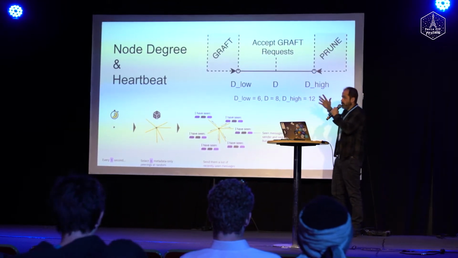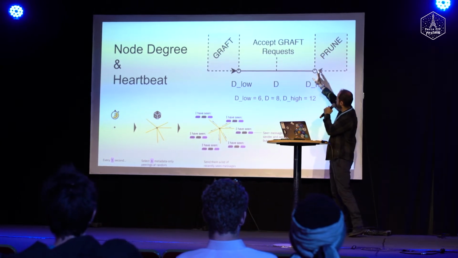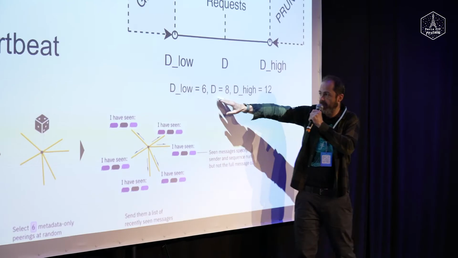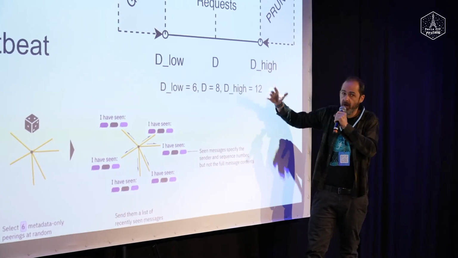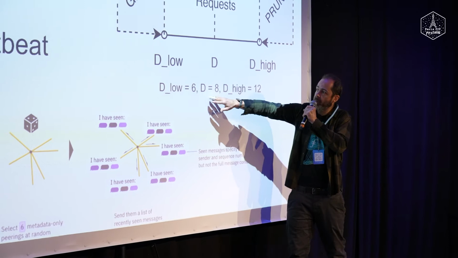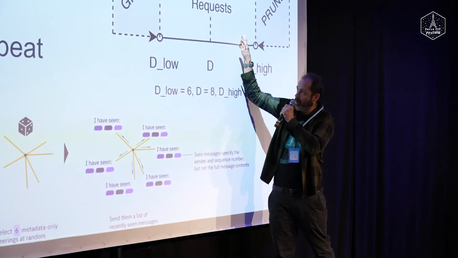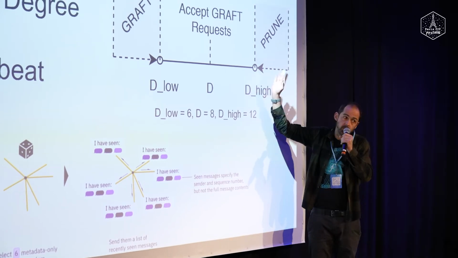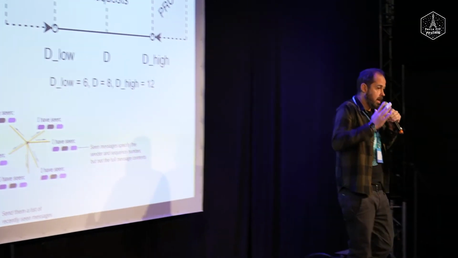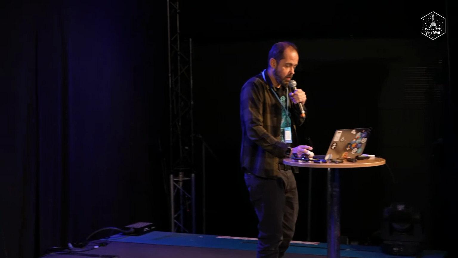Pretty clear what it means. I think these are the standard parameters that are hard-coded in the protocol, and you need to keep around D equal 8. You might go a little bit up or a little bit down, but you always need to be between those thresholds and keep as close to the optimal value as possible.